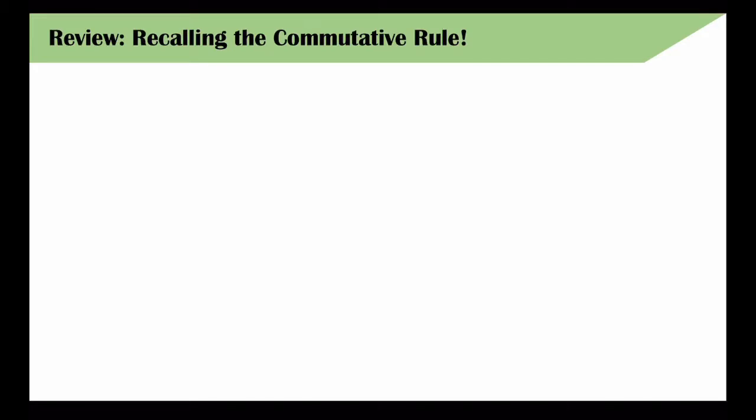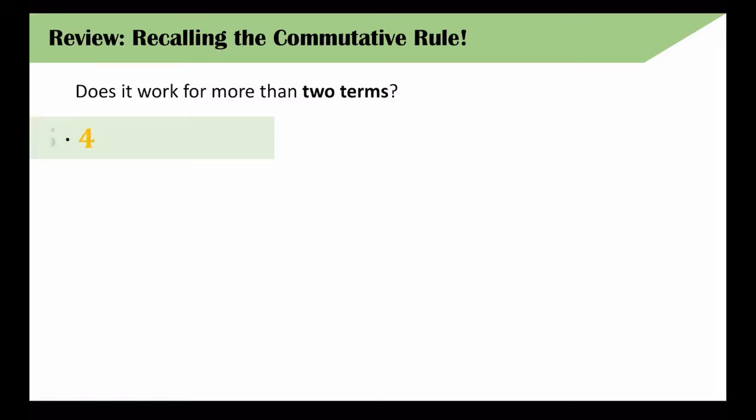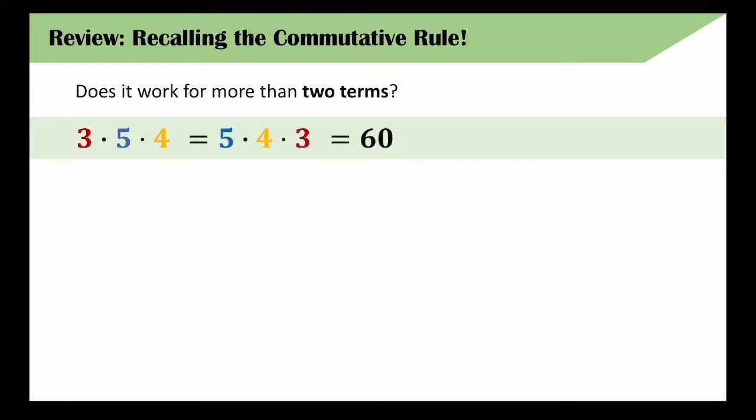Review. Recalling the commutative rule continued. Does it work for more than 2 terms? Let's find out. Here I have 3 times 5 times 4. And I just rearranged it randomly to 5 times 4 times 3. Notice that they all equal 60. Nothing has changed, just how they look.